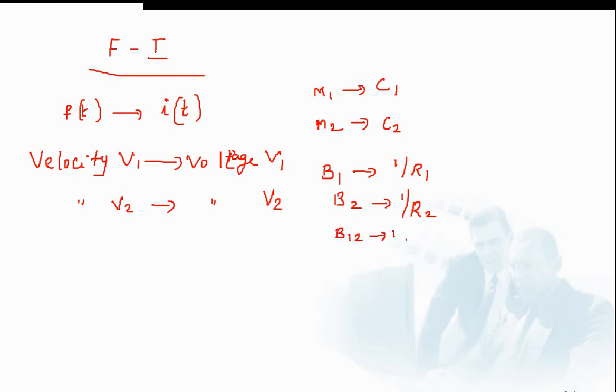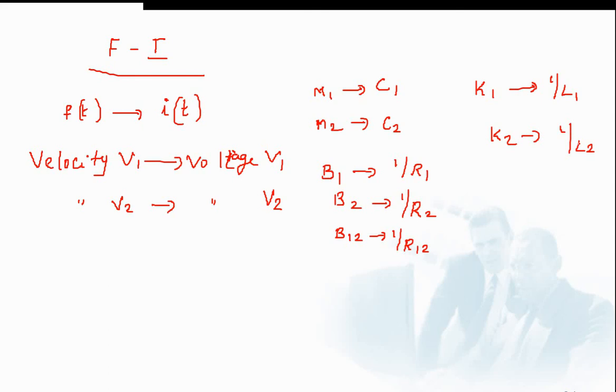B12 is 1 by R12. With respect to the spring, K1 corresponds to an inductor and the constant is 1 by L1, and with respect to K2, the constant is 1 by L2.